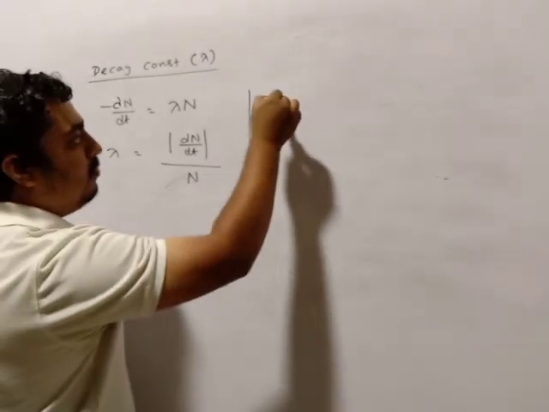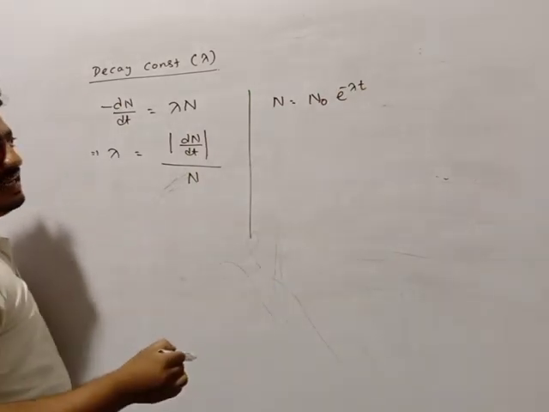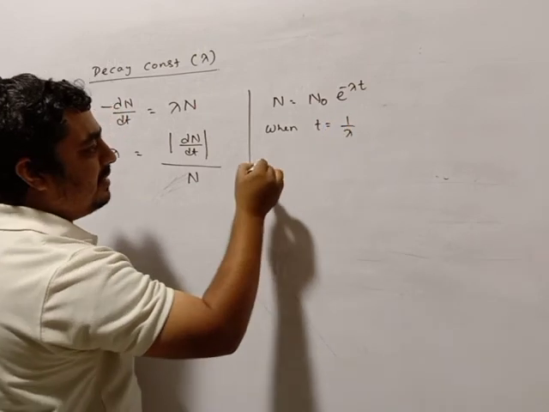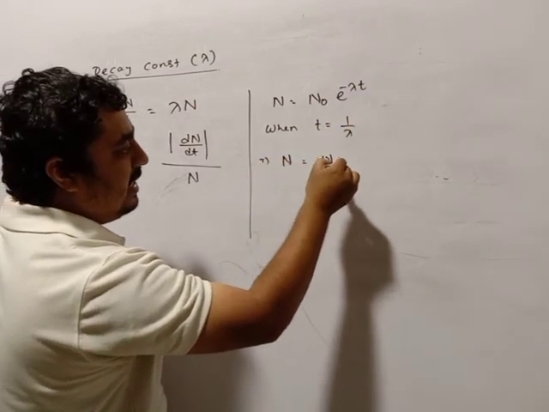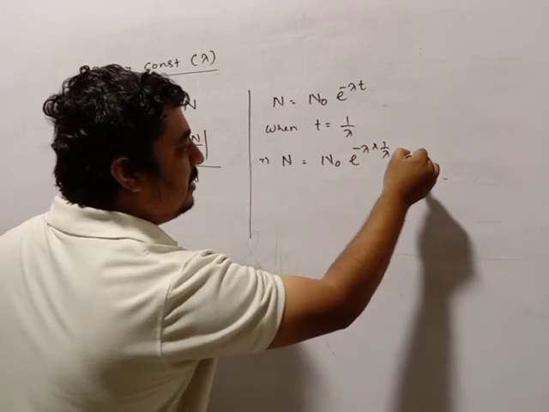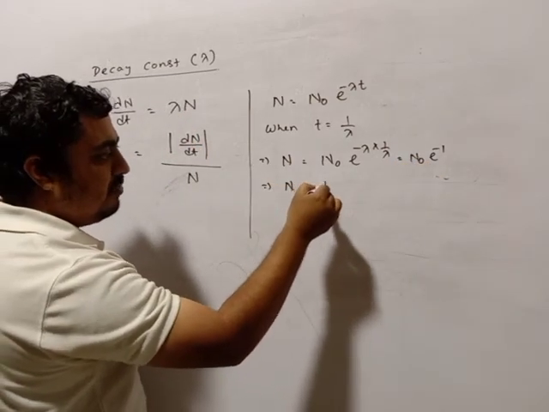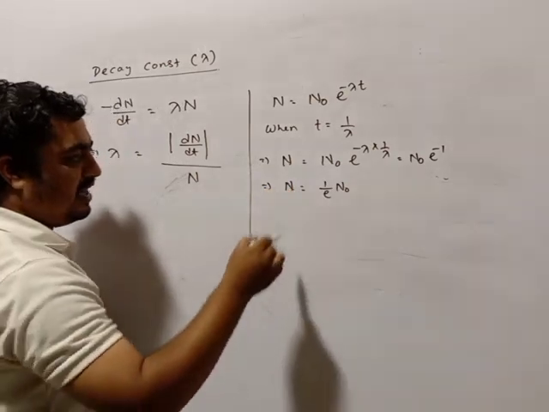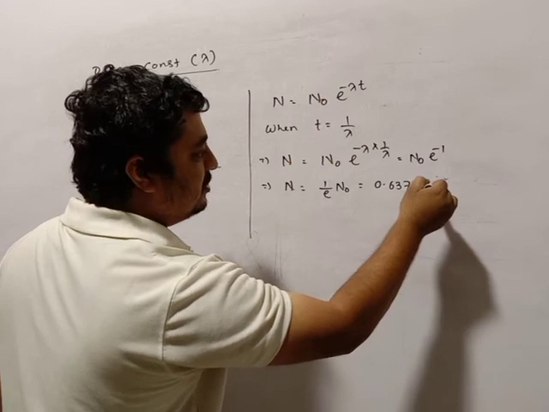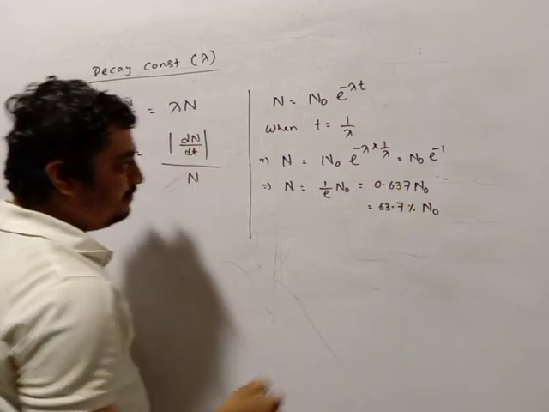Now, we also have the formula n equal to n0 e to the power minus lambda t. When t equal to 1 by lambda, then n equal to n0 e to the power minus lambda into 1 by lambda, equal to n0 e to the power minus 1. So n equals 1 by e times n0, or 0.637 times n0, or 63.7% of n0.